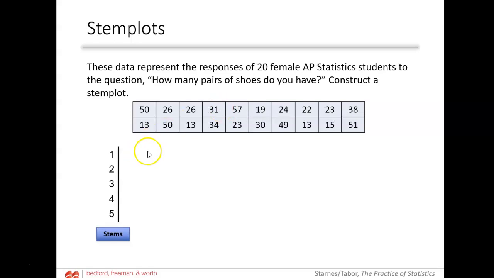So stems range anywhere from the teens up to the 50s. It'd be nice if these were in order, but they're not. So then you start creating the leaves. I usually start, I guess it doesn't technically matter, but they're supposed to be in order, so that's kind of obnoxious. So I go find all the teens, right? We got a 13, a 13, a 13, a 19.